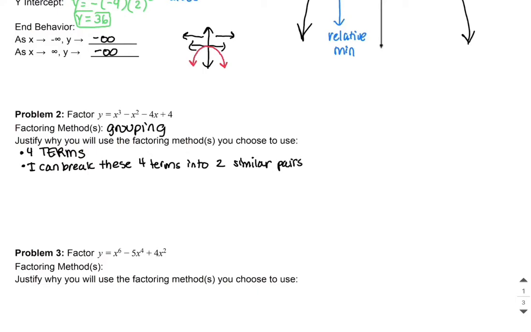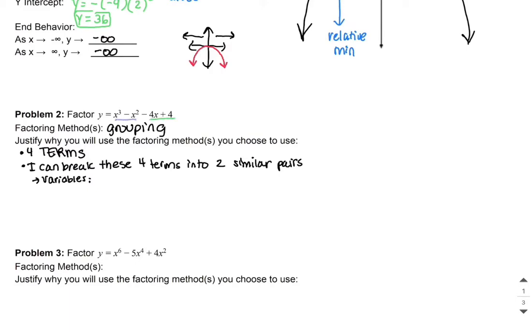And what makes these 2 pairs similar, I'm going to look at the variables that they have, and I'm going to look at the coefficients that they have. So first, looking at the variables, here's my first pair, here's my second pair.